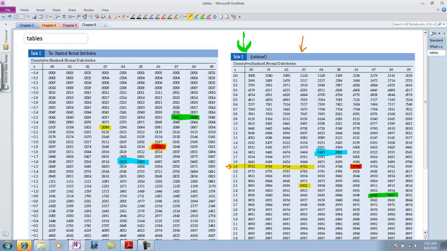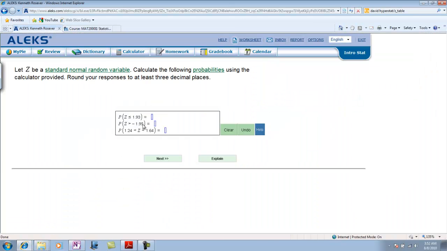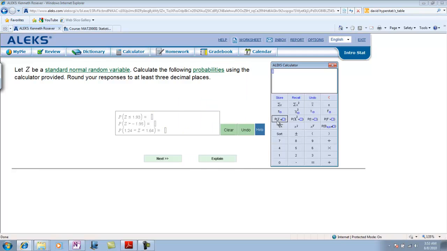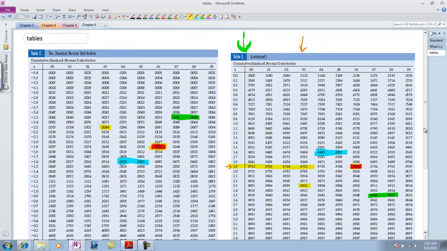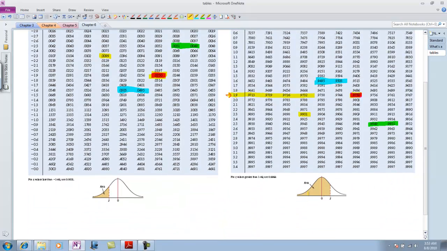Let's do it now with a calculator. So in Alex, if I want to find the probability of z to the left of 1.93, I'm looking here, P of z left, and you notice that the picture there matches the picture there. This is where I copied and pasted this from. It's page 645. It matches the picture down at the bottom, because we're looking for the left-hand area, the area to the left of that z value.